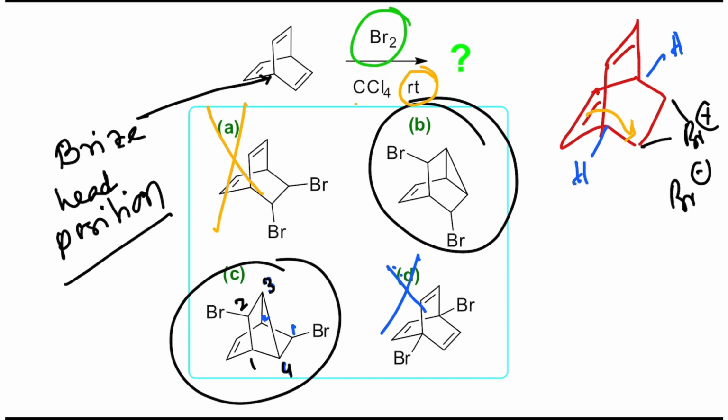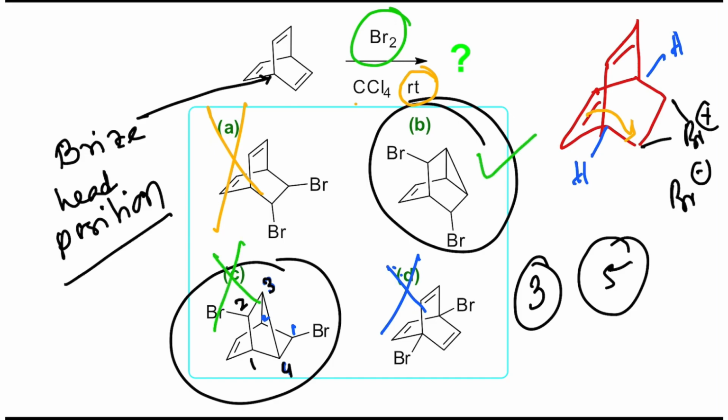Remember, 3-member ring formation is favored by proper conformational orientation. Actually, if two orbitals want to overlap and form a bond, they need proper conformational orientation, and that's why 3-member and 5-member ring formation is far easier. So based on this logic we can conclude that this option C is not possible, option B will be the right answer.